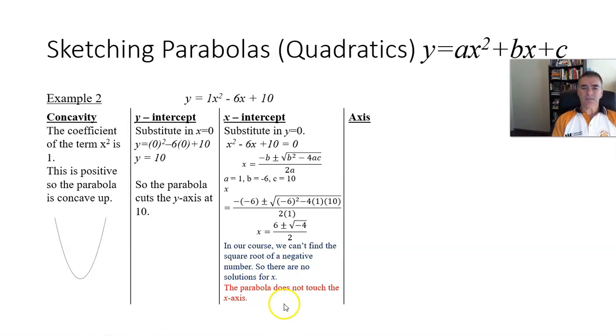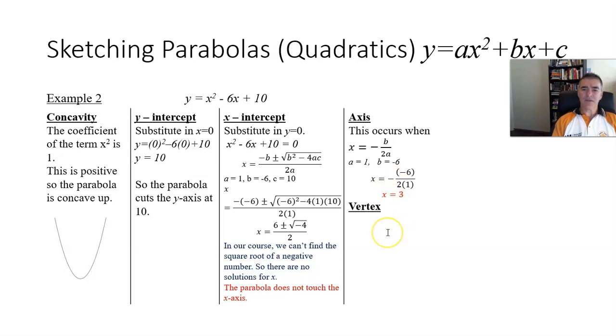Alright, so that makes it a little bit harder, but not really. We can still find our axis. Remember that occurs at negative b on 2a. Substituting our a and b values from over here, we find that x equals 3. So we know that x equals 3 is our axis, and if we substitute that into the original equation, we can find the coordinates of the vertex.